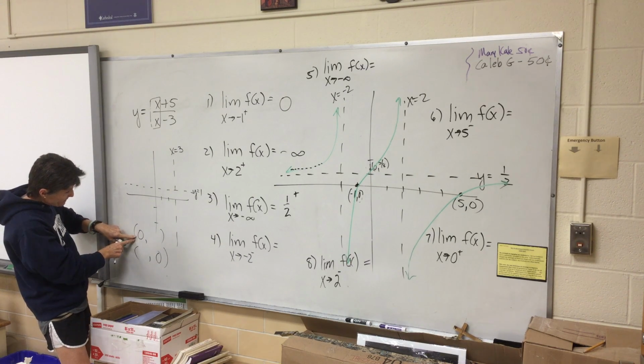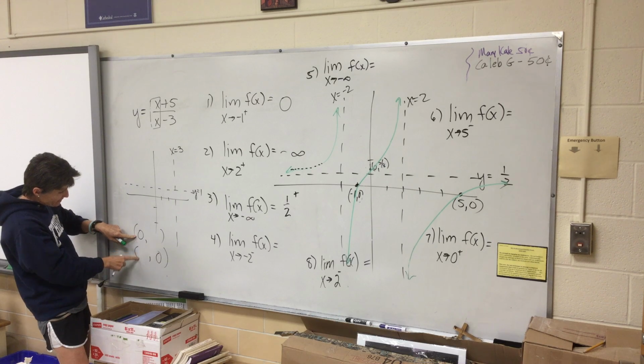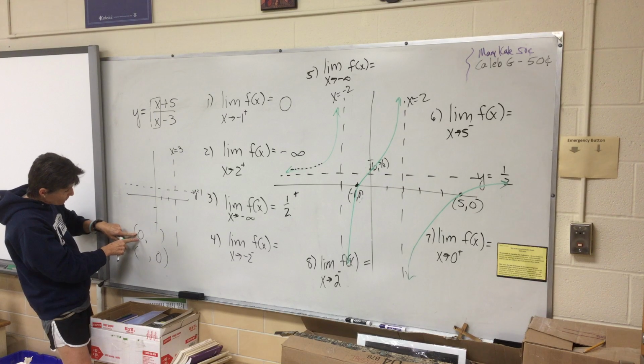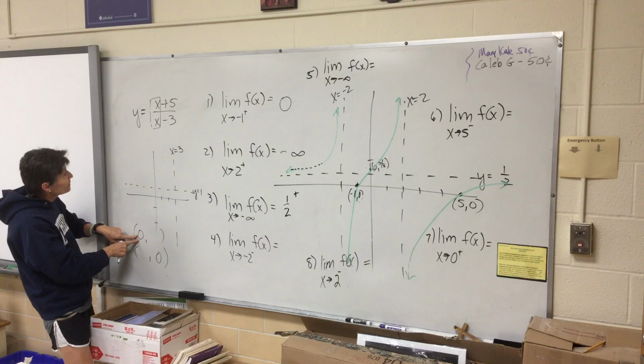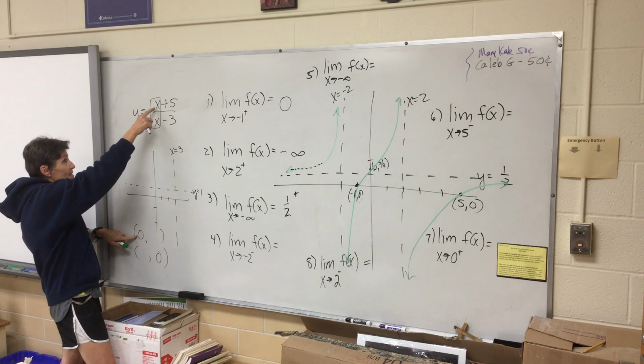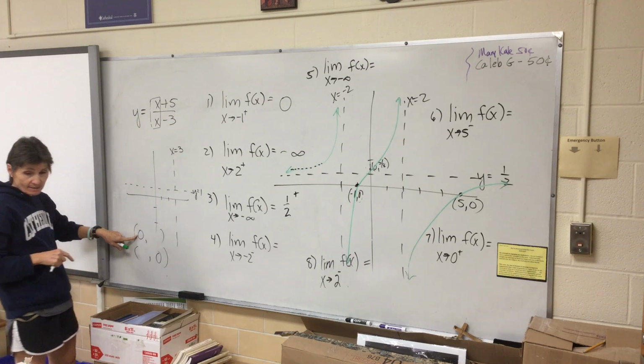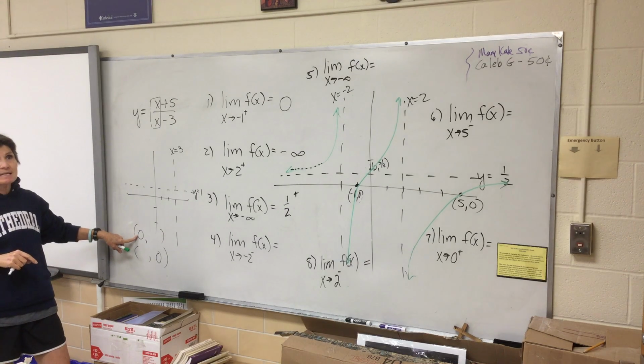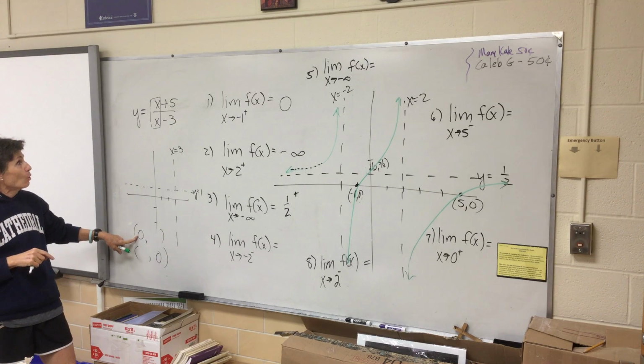I want you to write this down. Okay, did you write this down right here? So this is a point, and that's in the x spot. So you're going to come up and put 0 in for your x's. If you put 0 in for your x's, what do you have on the top? 5.